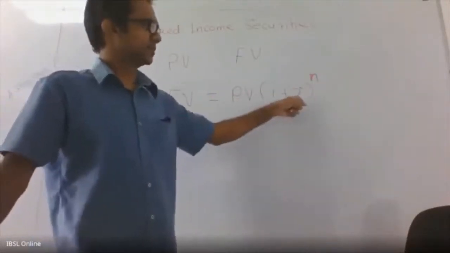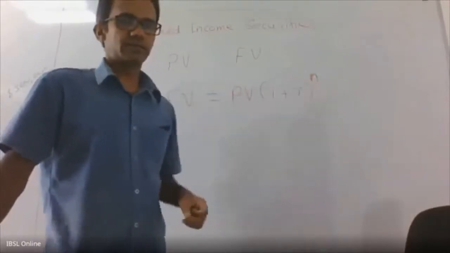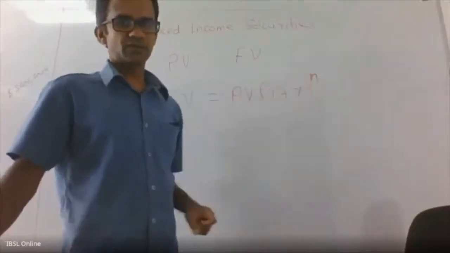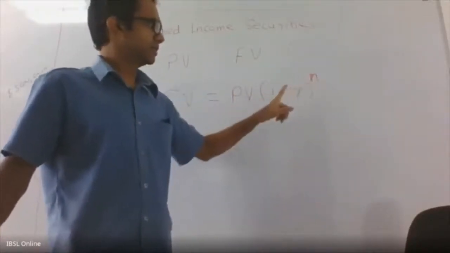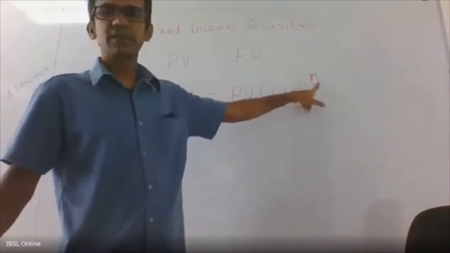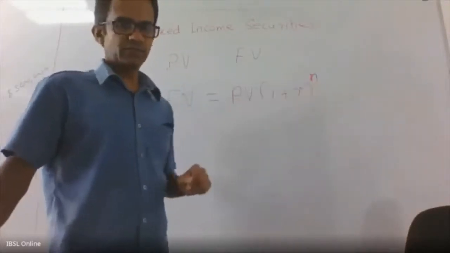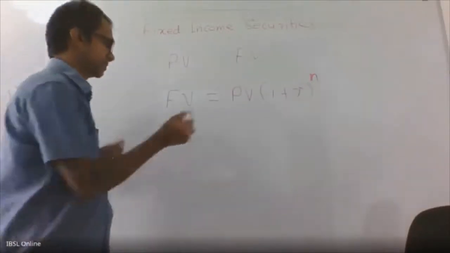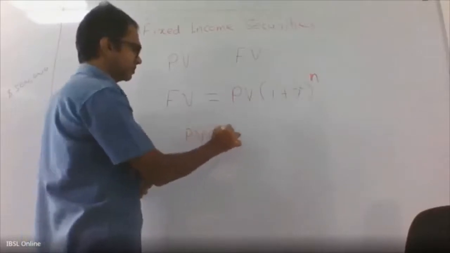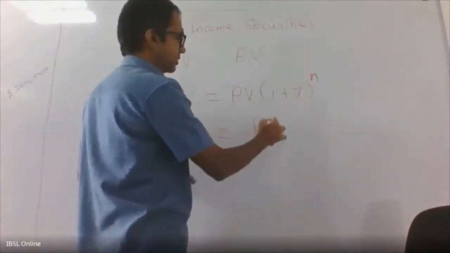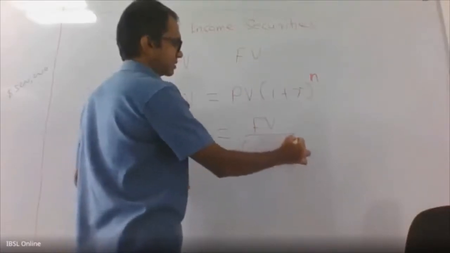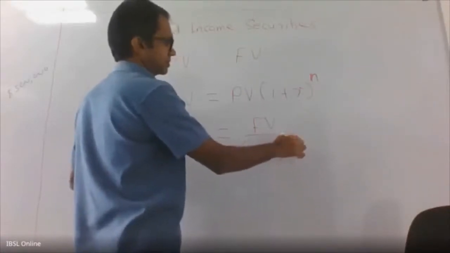Then the r should correspond with this n. If the r is annual, n should be the number of years. If r is a semi-annual interest rate, then n should be the number of semi-annual periods. And from this equation, we can rewrite it to calculate the present value as future value divided by (1 + r) to the n.